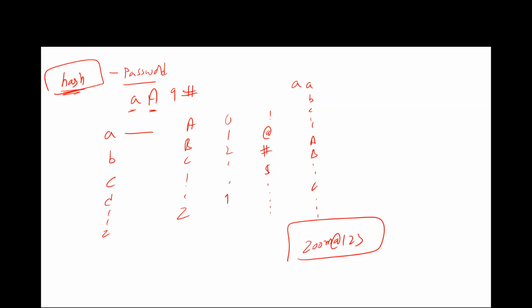after trying a few combinations. So guys, what do you say? After testing a few combinations, you will come to this Zoom at 123. And then whatever hash value you create for this will be an exact match to the hash value you have seen in the SAM file.